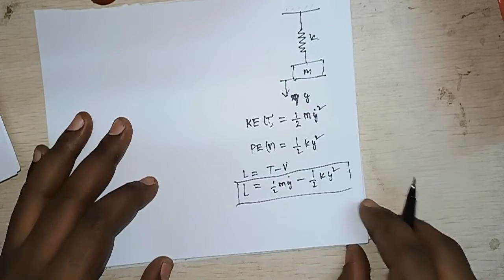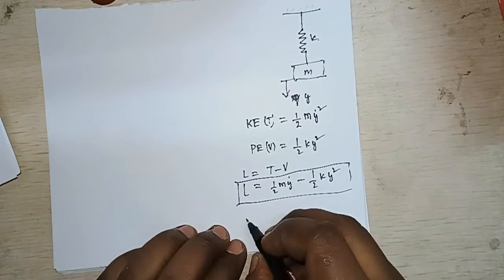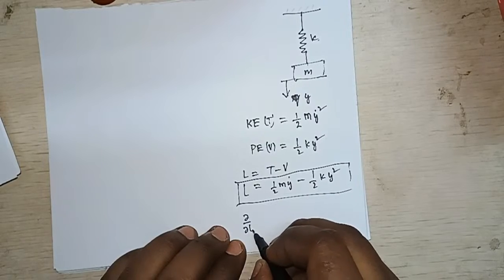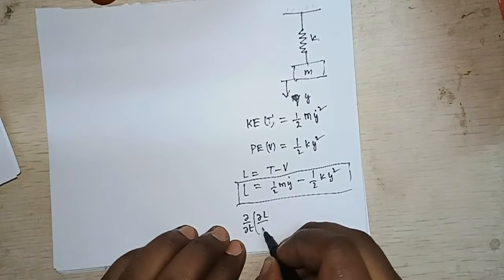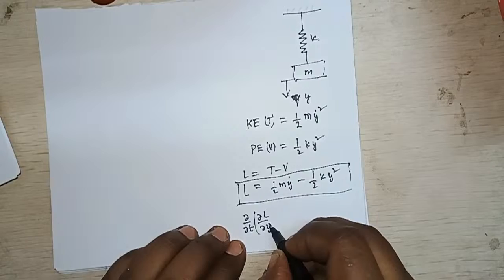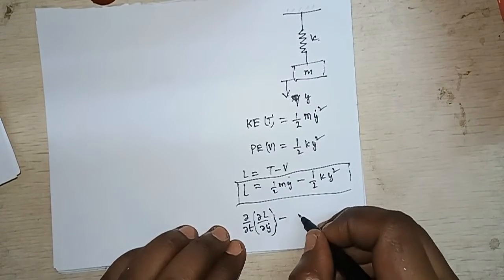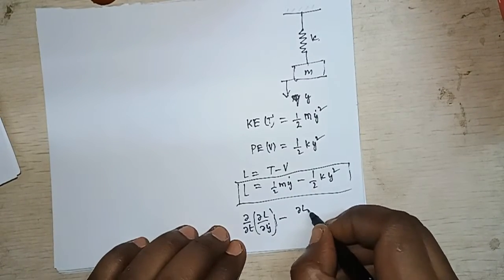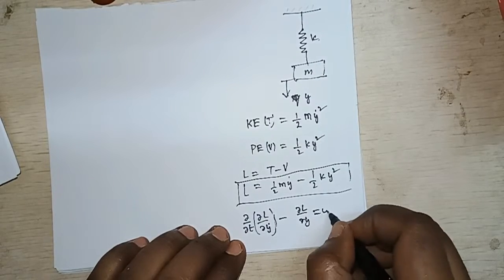What we have to do next is substitute this in our Lagrangian equation: d/dt of dou L by dou y dot minus dou L by dou y is equal to 0.